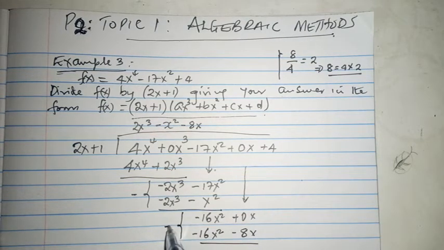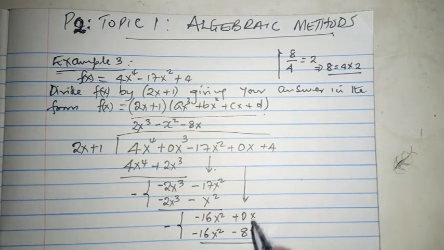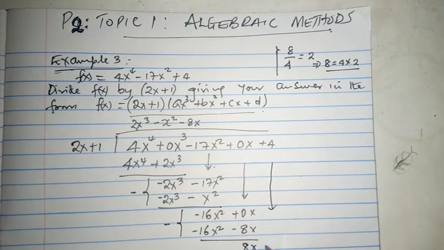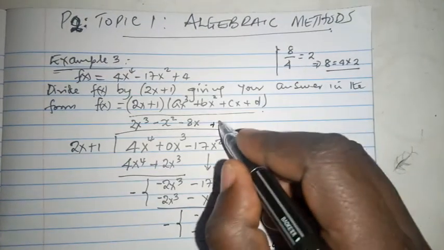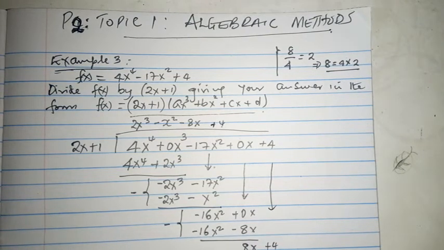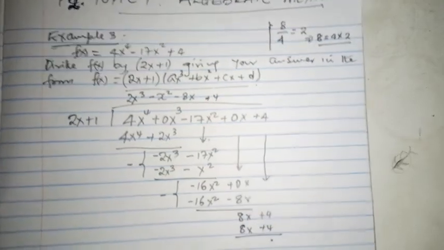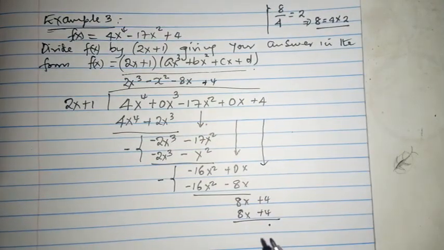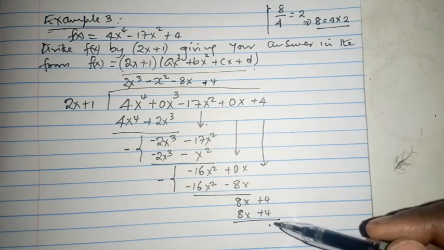Again, you subtract that. This one gives you 8x, and then you drop down plus 4. This divided by this, you get a 4. A 4 times everything gives 8x plus 4. And then the remainder is, of course, 0. So we have something like this.